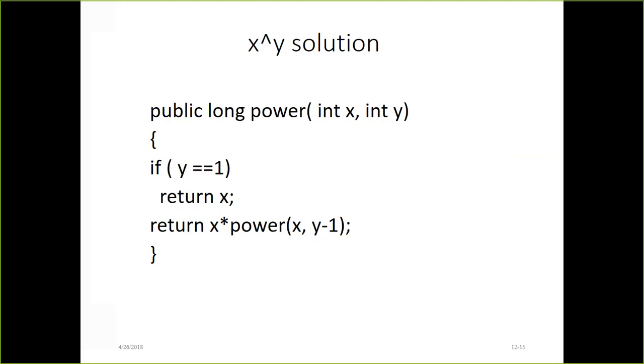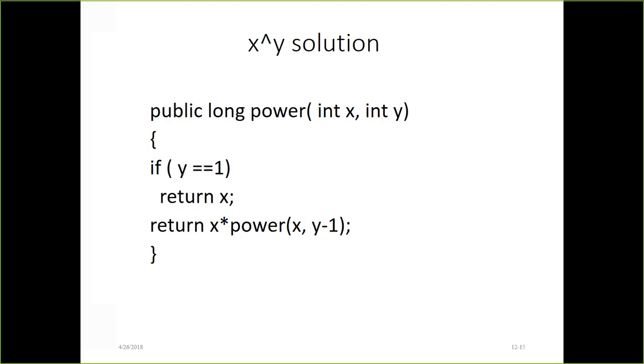So we will use this formula. Otherwise, return x times power of x, y minus 1, because my x is unchanged and my y is decreasing every time.